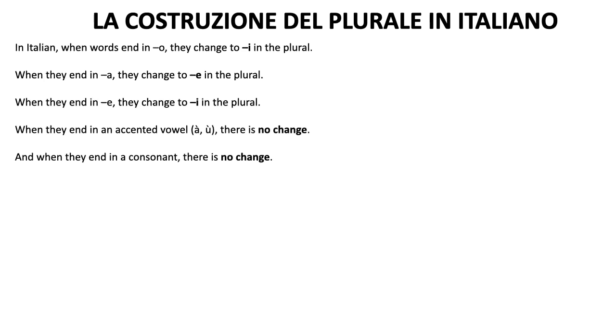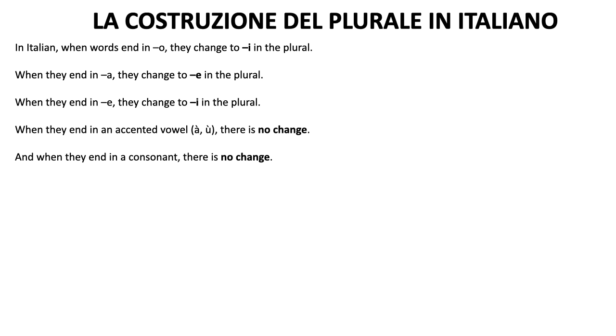It goes like this. If the singular of the noun ends in O, that O changes to an I in the plural. If the singular ends in A, it changes to an E in the plural. If it ends in an E, it changes to an I in the plural.